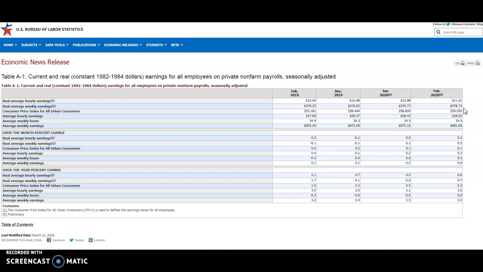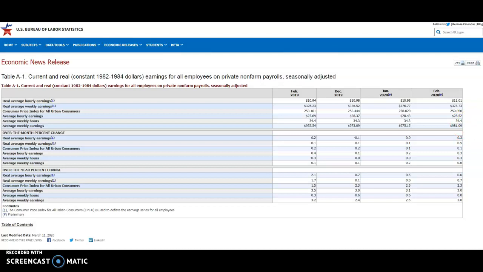Now, you may be asking, well, why do we do this conversion, whether it's from weekly wages or from hourly wages? And the answer is because when we compare changes across time, real data adjusted for inflation is more telling. You could have periods where nominal wages are going up, but that doesn't mean that people are able to purchase more if the price level is going up at the same rate or more.